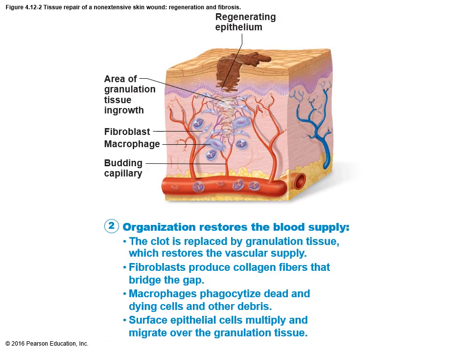Once inflammation has successfully brought over all the different cells and chemicals that are needed, the second step is going to be to restore the blood supply. Part of that is because we don't want the clot to sit there for too long. We want to replace the blood vessels. So very early on, we see that things like fibroblasts will come over and start producing collagen fibers. We'll have white blood cells like macrophages that will start cleaning up any debris or dead cells.